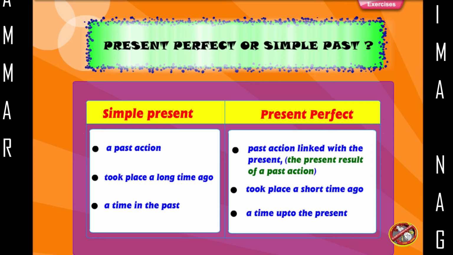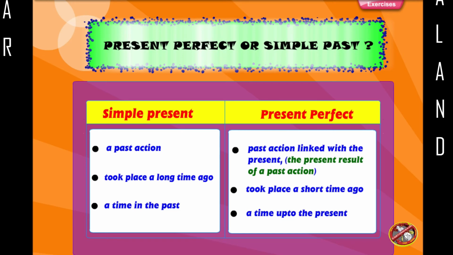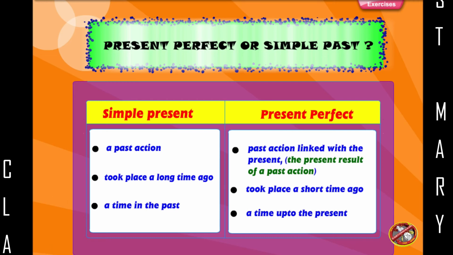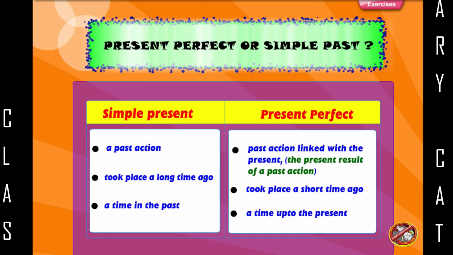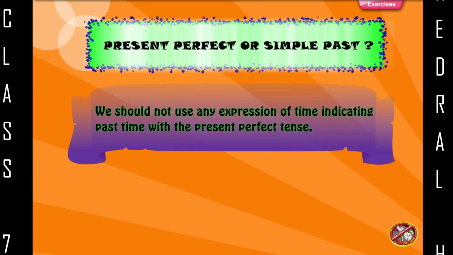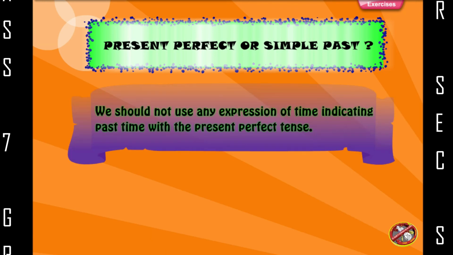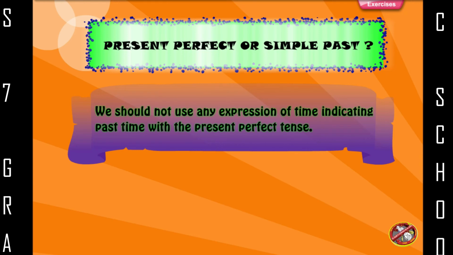Simple past: took place a long time ago. Present perfect: took place a short time ago. Simple past: a time in the past. Present perfect: a time up to the present. We should not use any expression of time indicating past time with the present perfect tense.